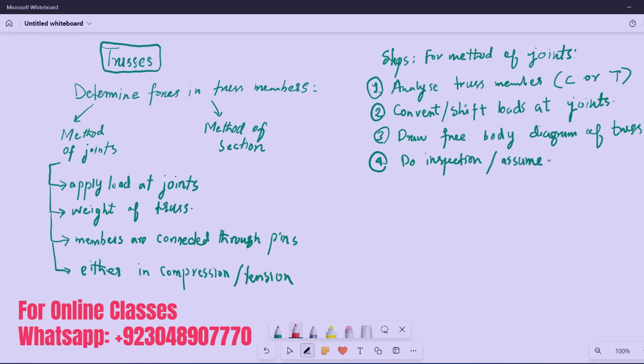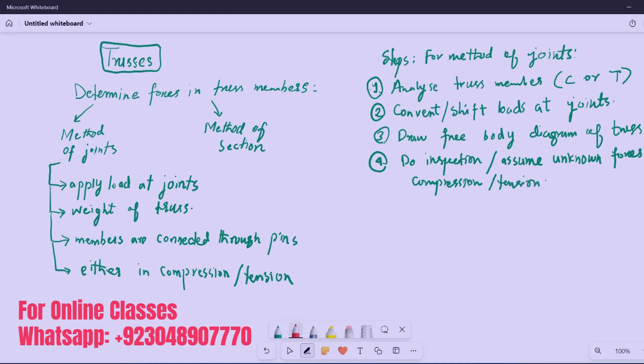While assuming the unknown forces, you have to see whether the forces are in compression or in tension.